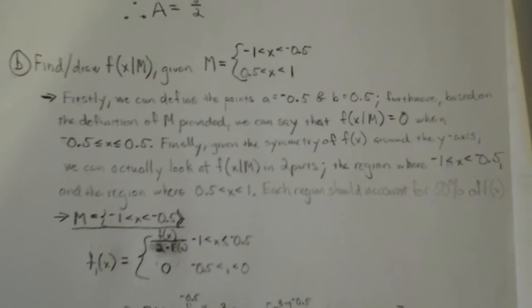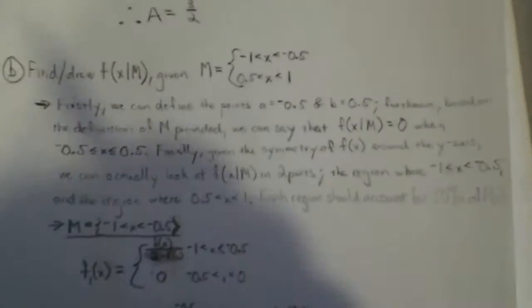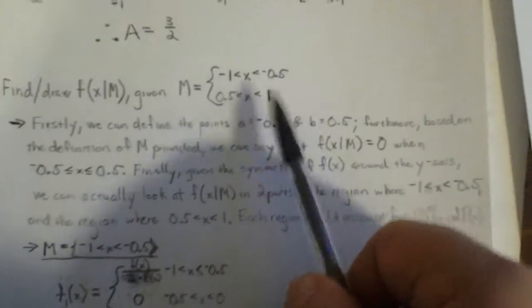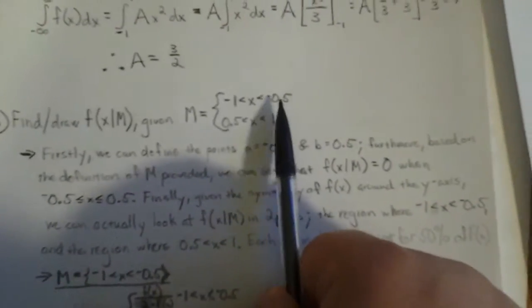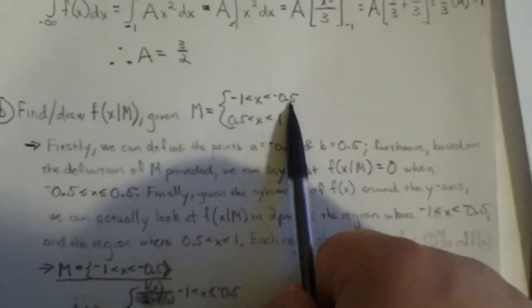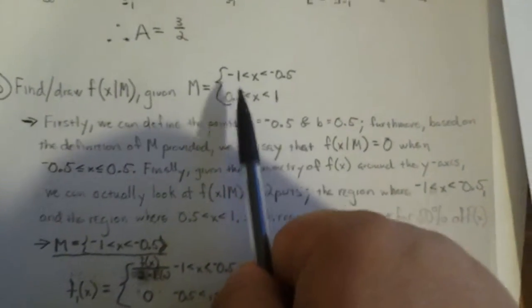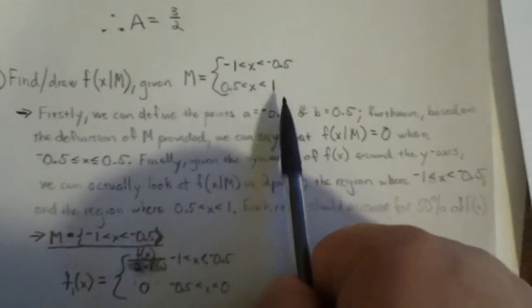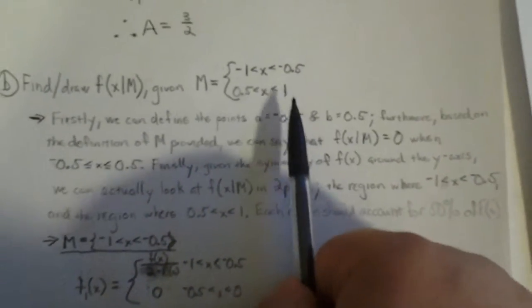Now, for the fun part. Part B of our equation basically defines a region M, whereby we're working not between negative 1 and 1 like up here. We're specifically working from negative 1 to negative 0.5, excluding the region between negative 0.5 and 0.5, and then working in the region between 0.5 and 1 on the x-axis.